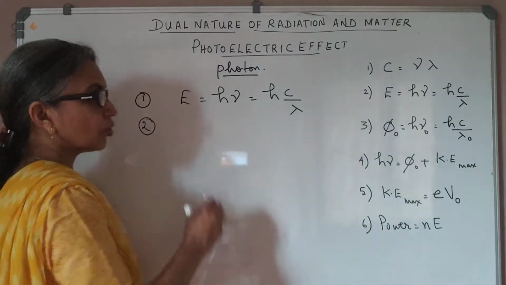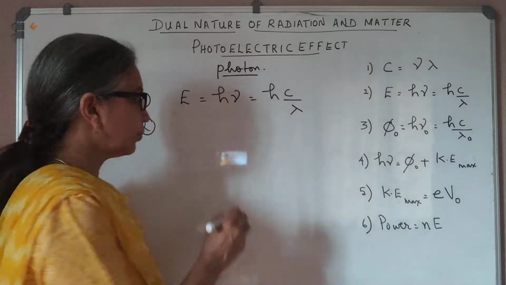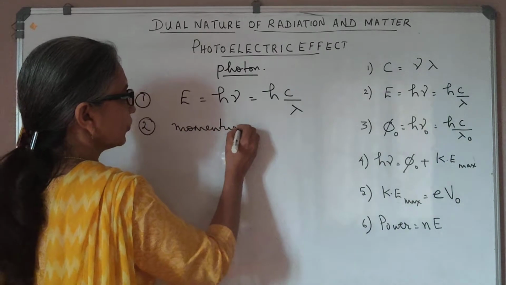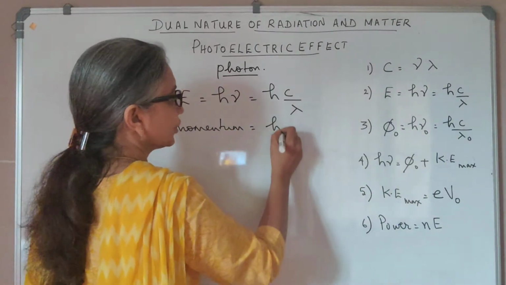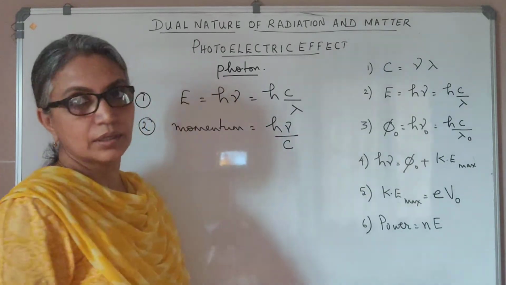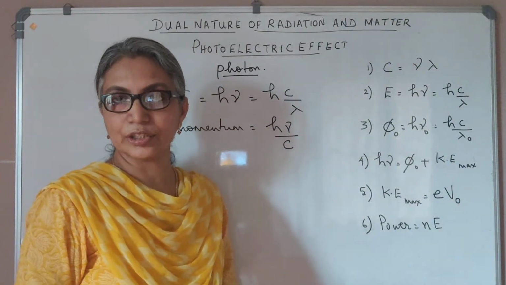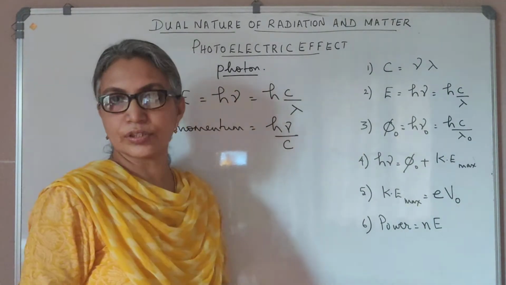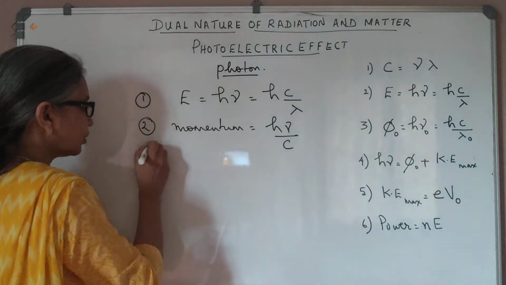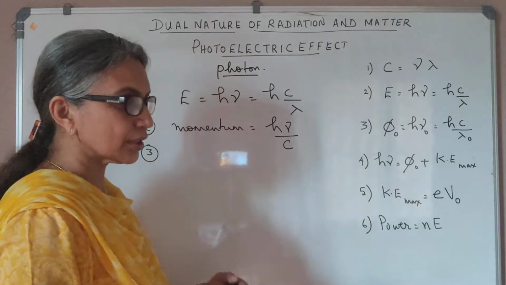Also, these photons carried momentum, and the momentum of a photon was given by h nu by c, where again nu is the frequency of the incident radiation and c is the velocity of light in free space.